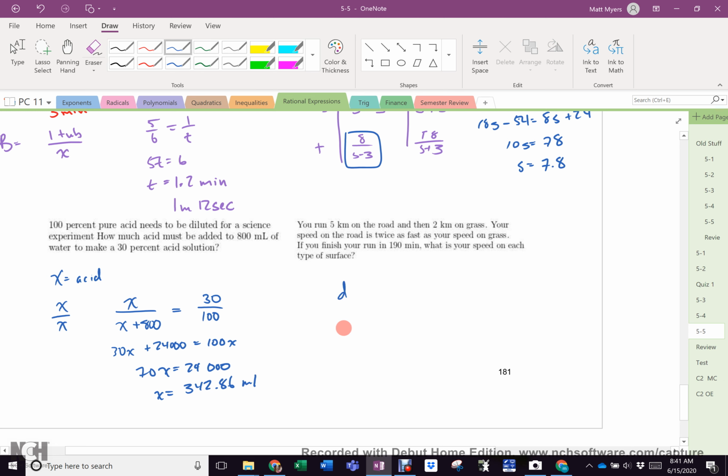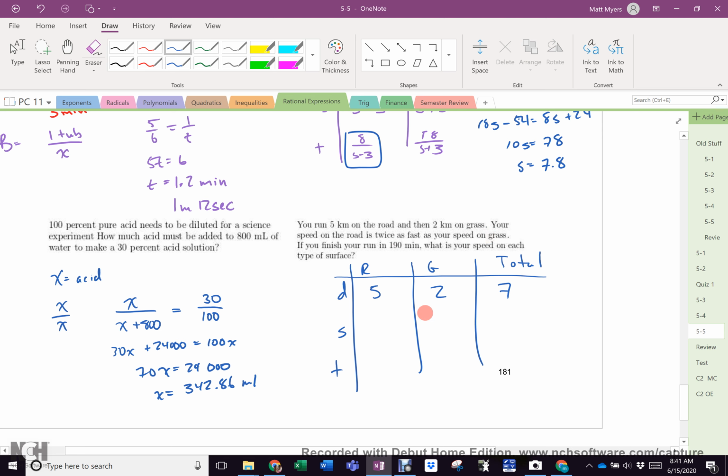Again, we have a distance, we have a speed, we have a time. And this one's, we run on the road, we run on the grass, and we have a total. We run 5K on the road, 2K on the grass, total of 7K. Our speed on the road is twice as fast as our speed on the grass.